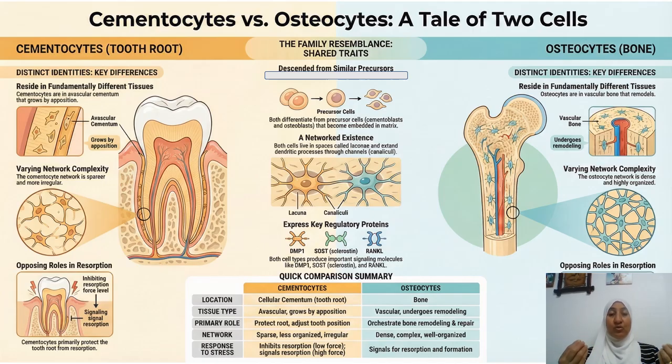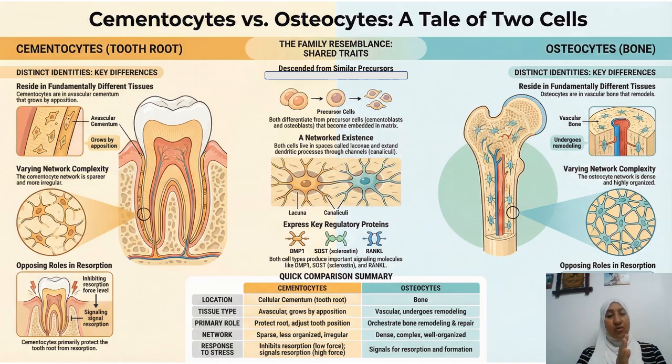And I want you to read this infograph and know well the differences as well as similarities between osteocytes and cementocytes, which will reflect on the response of both tissues to any applied forces during extraction, during orthodontic tooth movement.